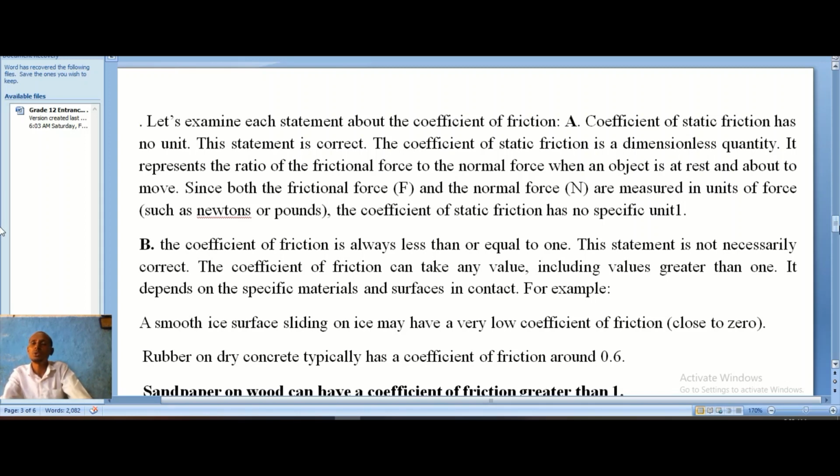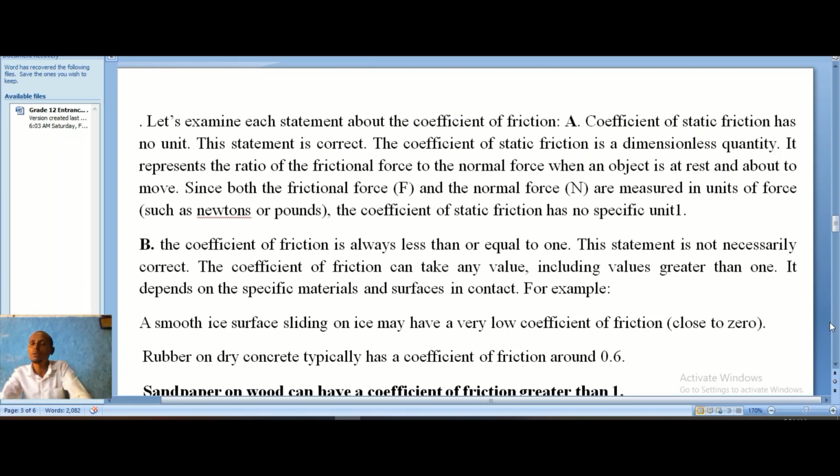Since both friction force and normal force are measured in units of force, such as newtons or pounds, the coefficient of static friction has no specific unit. Choice B says that the coefficient of friction is always less than or equal to 1. This statement is not necessarily correct.